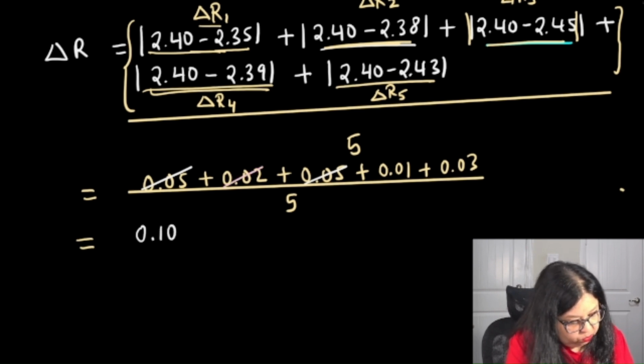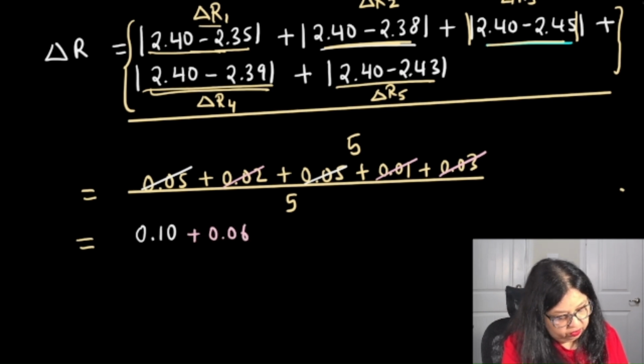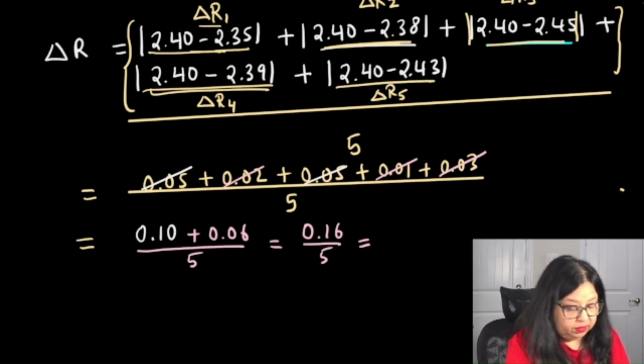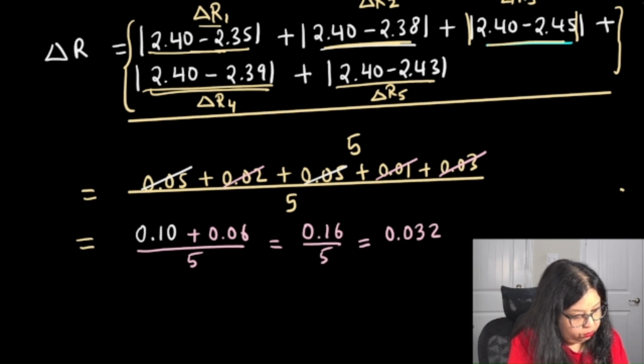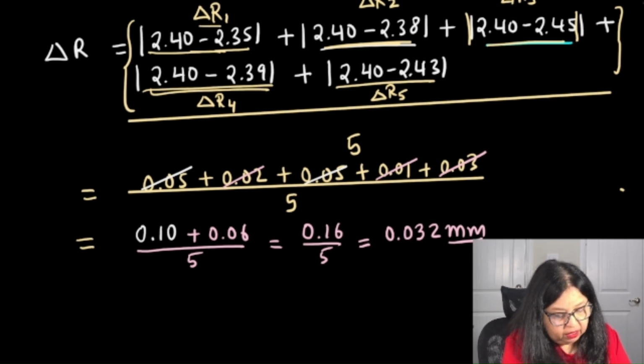Then I have 0.02 plus 0.01 is 0.03 plus another 0.03 is 0.06, so 0.16 divided by 5. What does this give us? This gives us 0.032 millimeters.